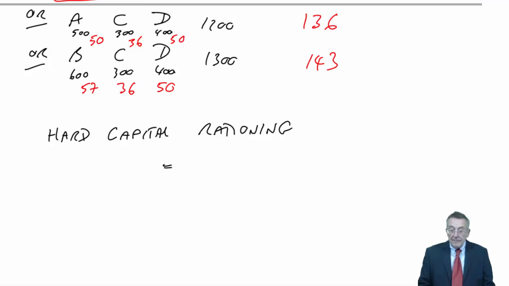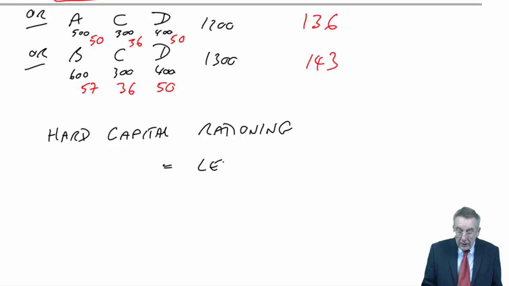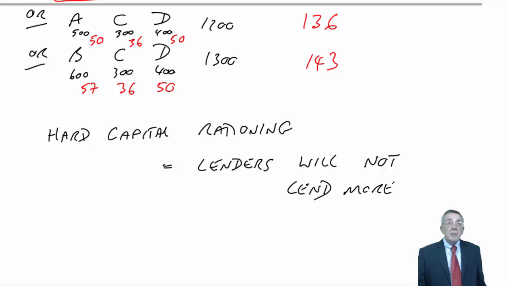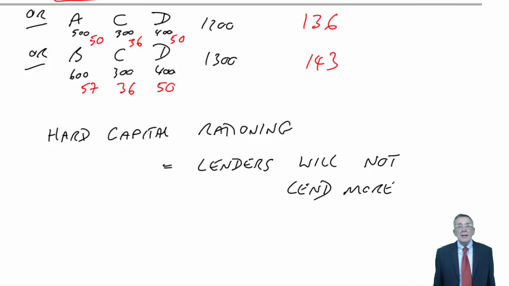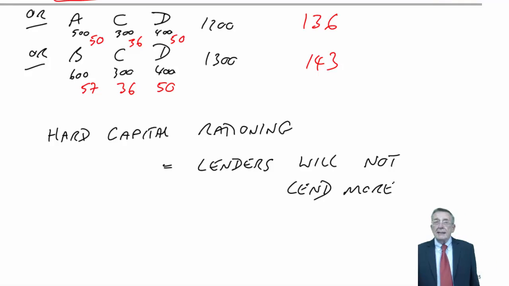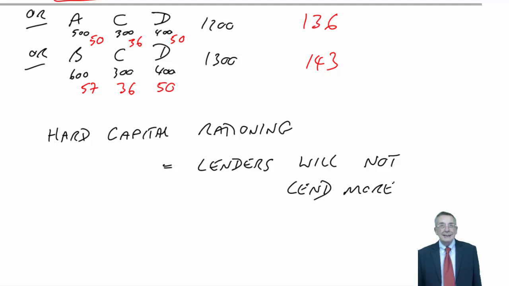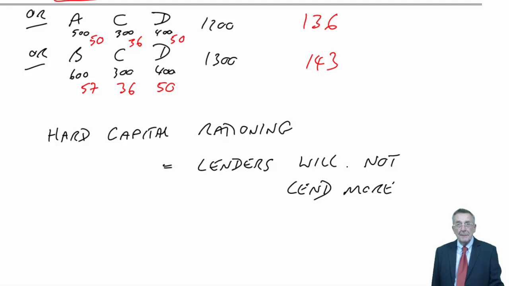Hard capital rationing is when lenders will not lend anymore. Now that's the most obvious, I think you'd agree. If our lenders will only lend us 1600 maximum, then of course we've got rationing, and that's called hard capital rationing.